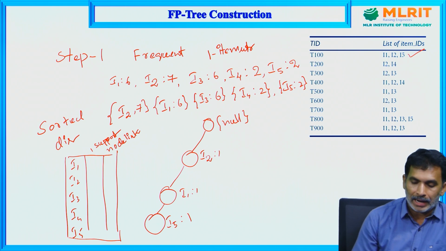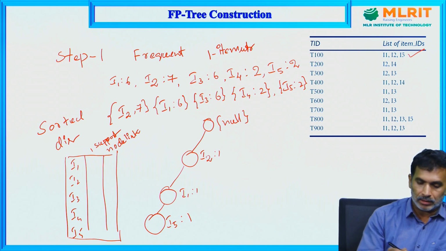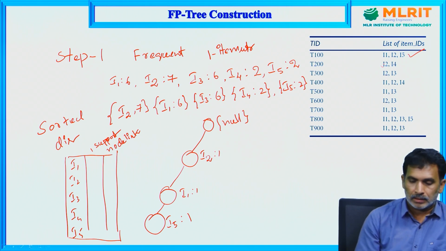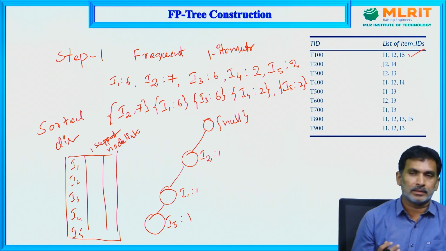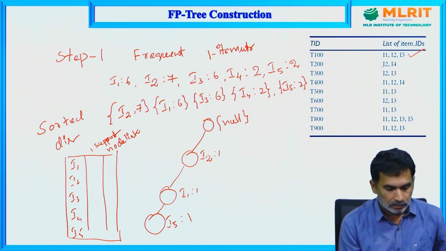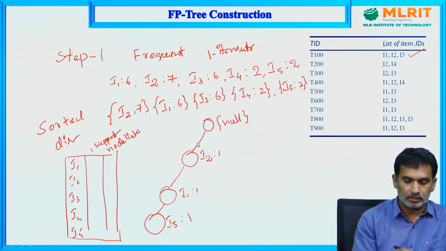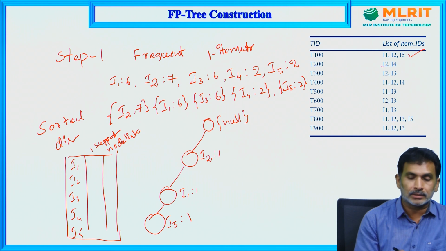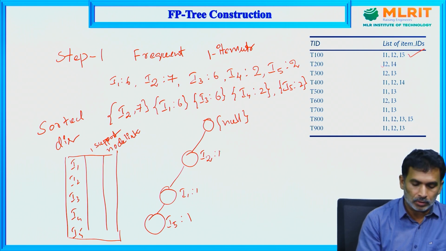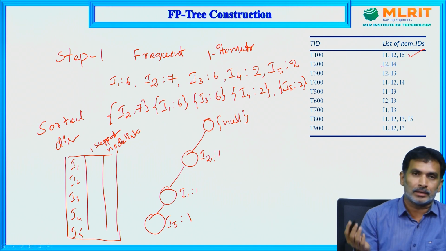While adding, if a path already exists with the nodes, then instead of creating a separate path, we will follow this path and simply increase the support count of the frequency of that item by 1.